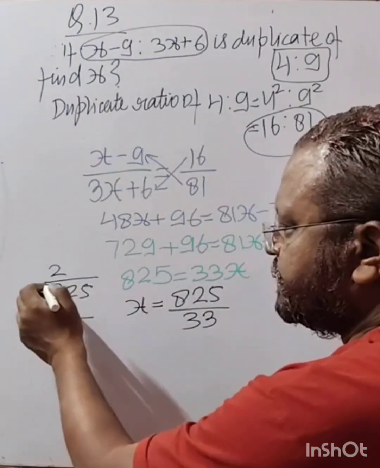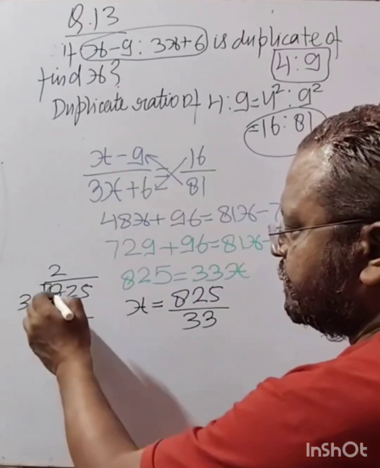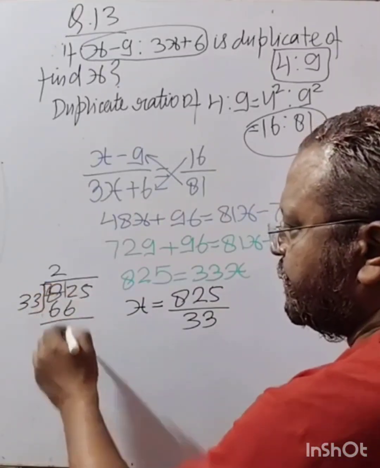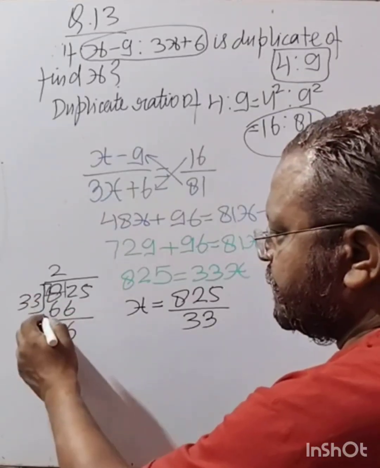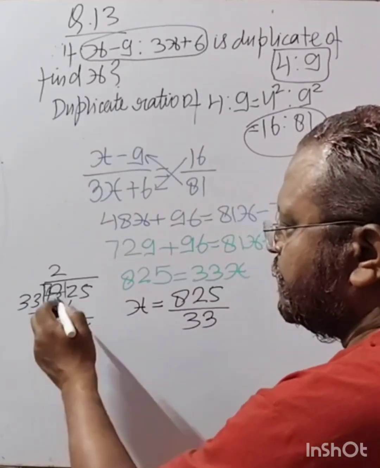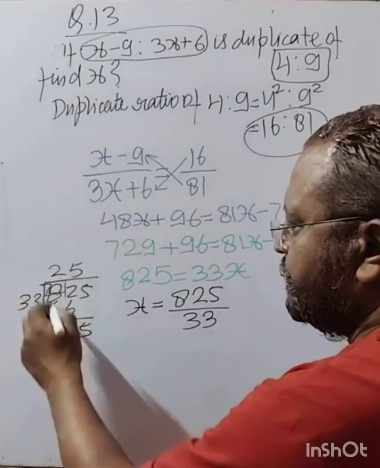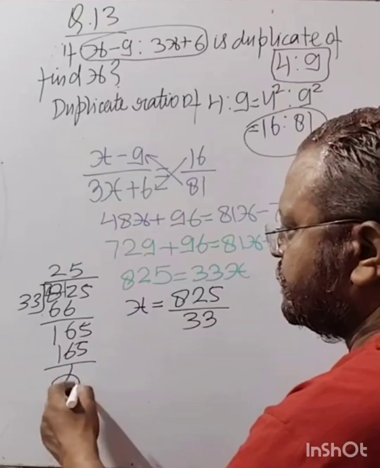We have taken 7 here, 7 from here. Here will be 7, here will be 1. 12 minus 6 becomes 6. 7 minus 6 becomes 1, and 5. You bring it here, 5. So it becomes 165.